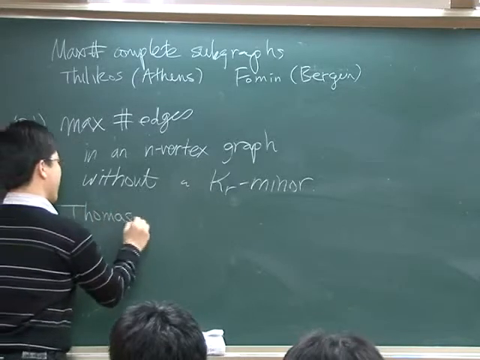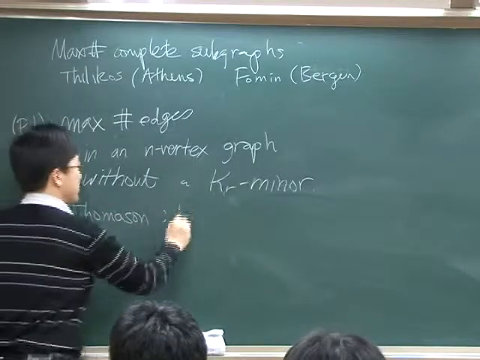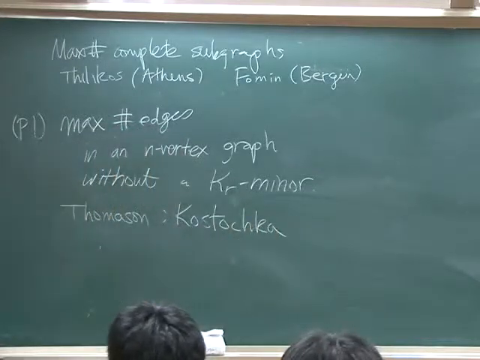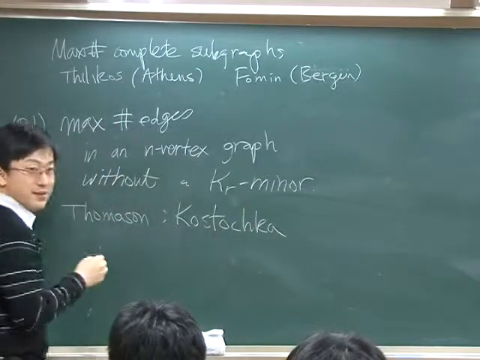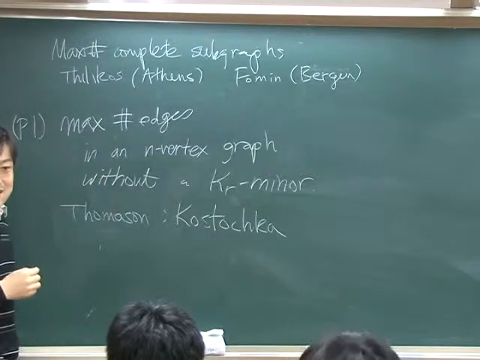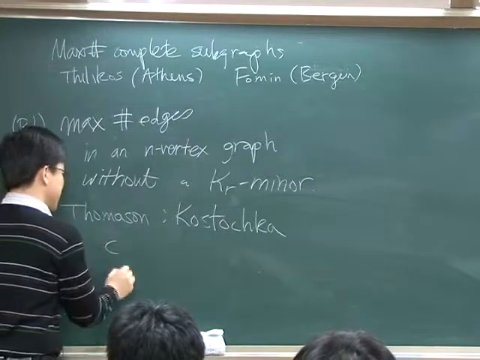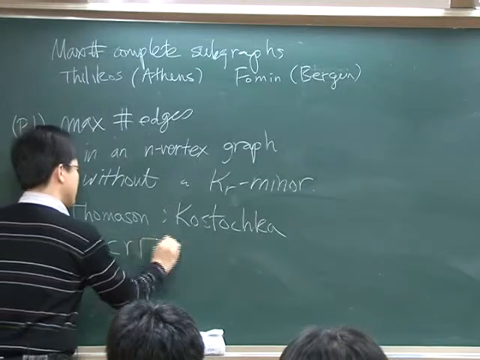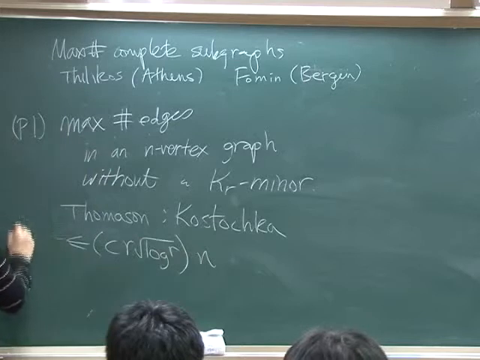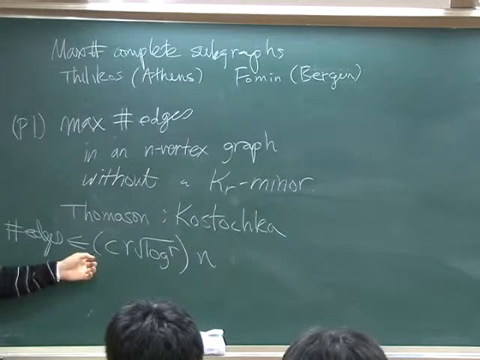Thomason and independently Kostochka proved that in such a graph, the maximum number of edges is at most a certain constant times n. So it's linear, and it is some constant c times r times square root log r times n. Right? So the maximum number of edges is at most this.